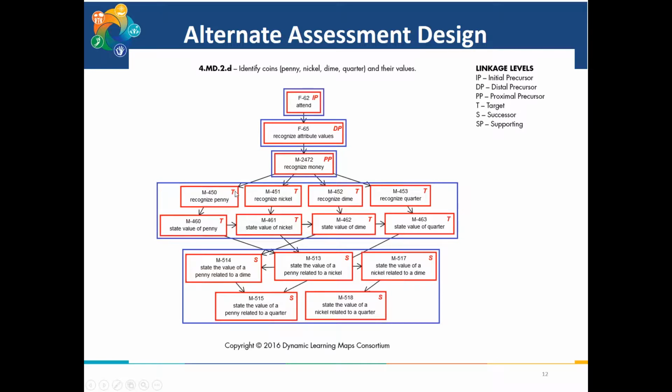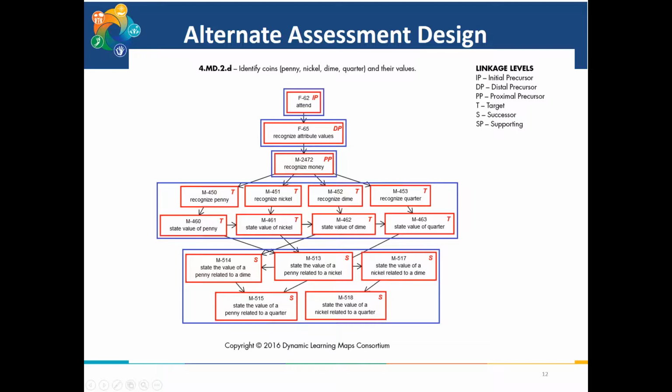But if the student is given a money and another object like a ball and can identify money, that is M2472, which is the proximal precursor level. So if the student is able to simply attend to the coin you're holding, which is F62, that is the initial precursor level.